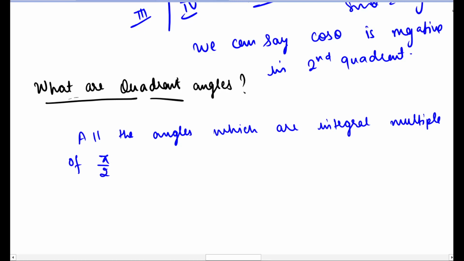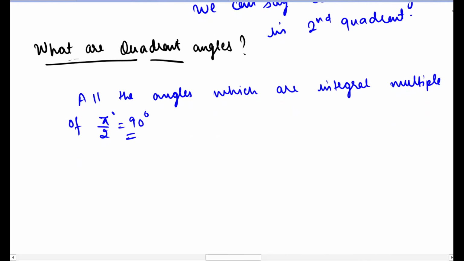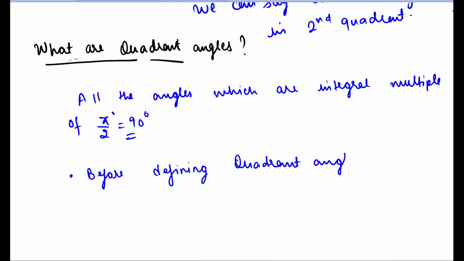Pi by 2 is nothing but 90 degree. So before defining the quadrant angle, we have to decide the initial side.